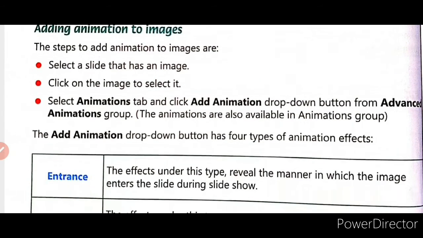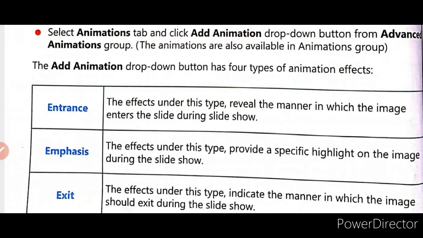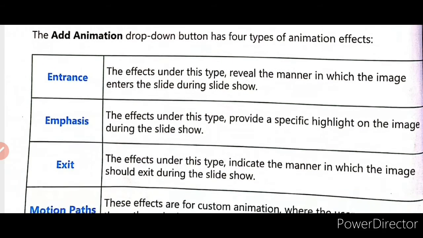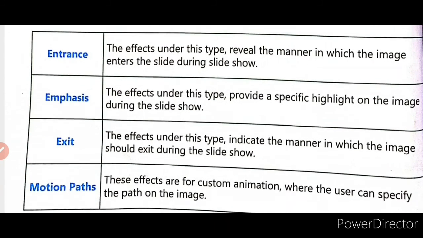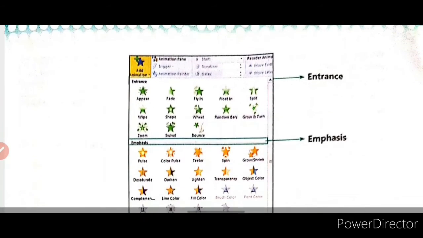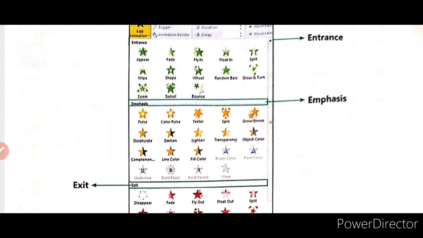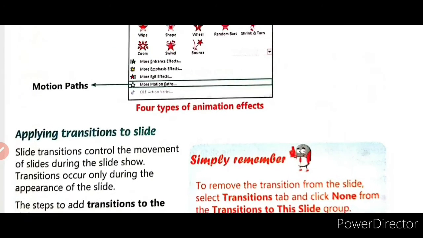Read out the steps. Next we have seen the four types of animation effects: entrance, emphasis, exit and motion paths. We saw these in the picture also. They also have different sub options we can select to insert into the slide.